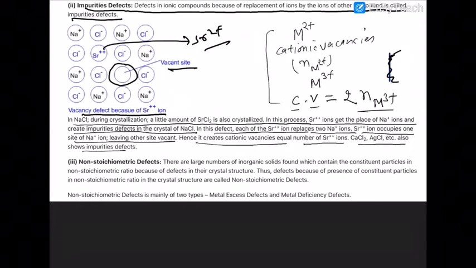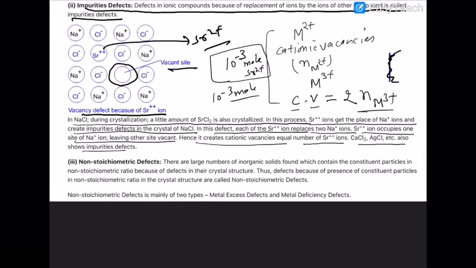Let us suppose you have added 10^-3 mole Sr2+. Then an equal number of vacancies will be created, so 10^-3 mole cationic vacancies. But if you added 10^-3 mole Al3+, then the number of cationic vacancies will be 2 times, 2 into 10^-3 moles.